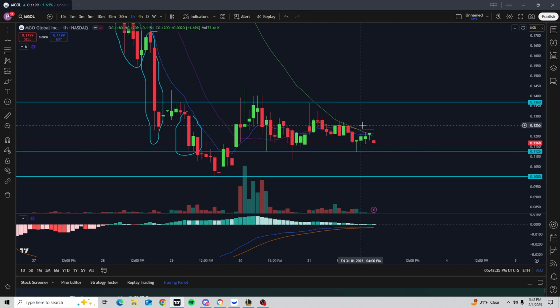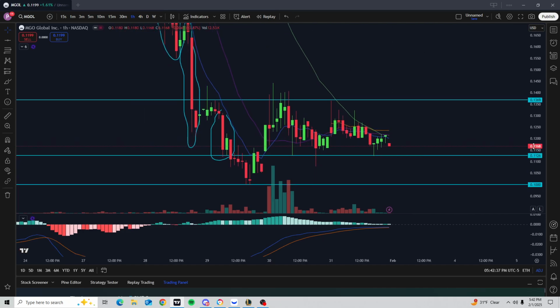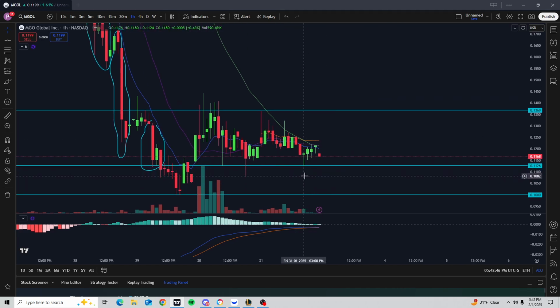It's basically the same thing. And I said, all right, if I can get as close to 11.26 as possible, I'll add, right? Now it literally bounced off to the exact penny, 11.26. I didn't get 11.26 because I always bid slightly above, just in case it doesn't get filled.